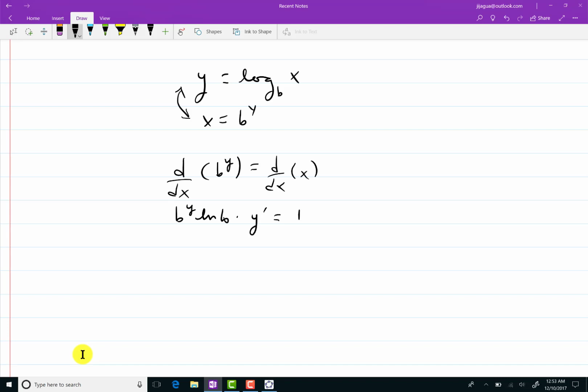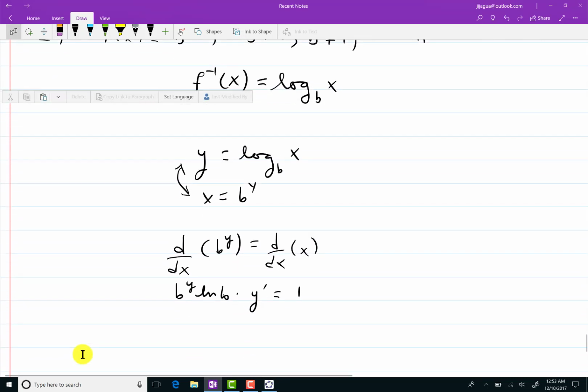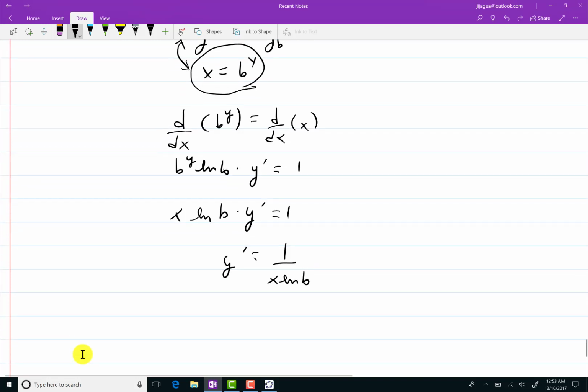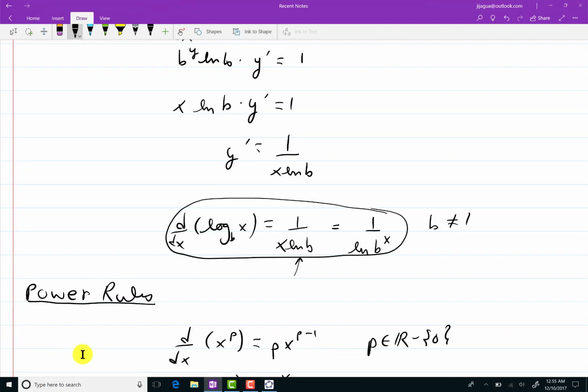Now y was equal to what? b to the y actually. b to the y was equal to x. So let me throw that in where b to the y was. I'll have x ln b times y prime equals 1. I'll divide by x ln b, and I'll get y prime equals 1 over x ln b. And so we now have a derivative rule for log base b of x.